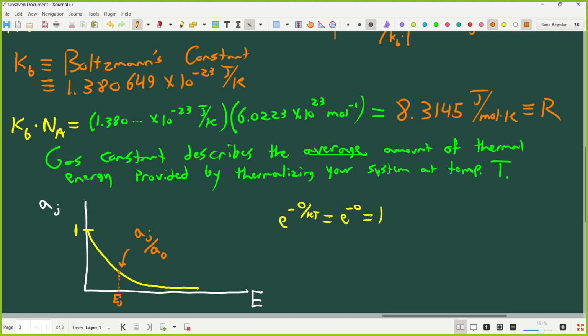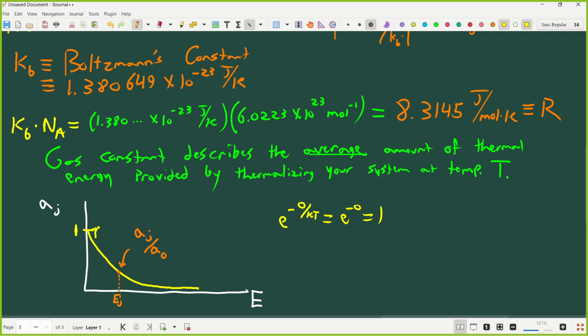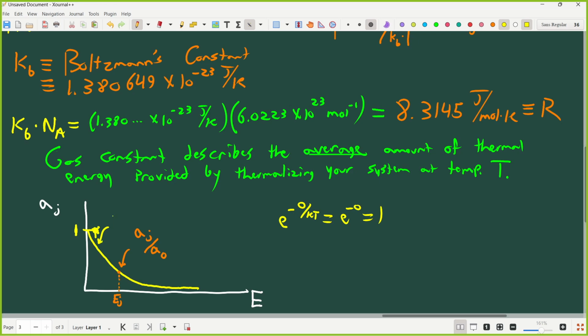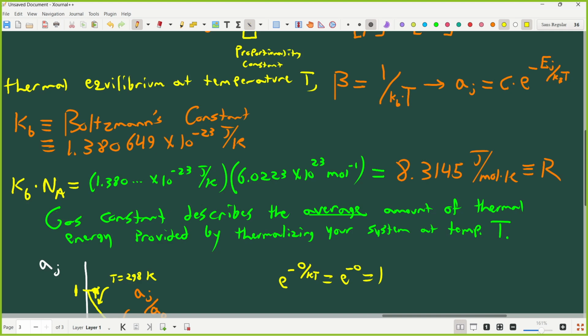All right, so what happens as temperature increases? Let's just say this is 298 Kelvin, so for instance, room temperature. What happens if I raise the temperature to, let's say, 500? If I raise the temperature to 500, the denominator of the exponent gets larger.